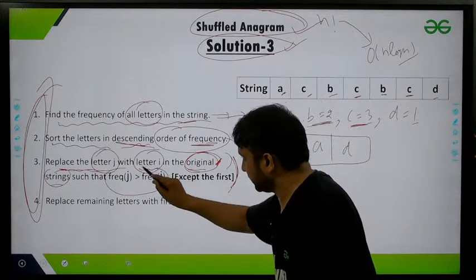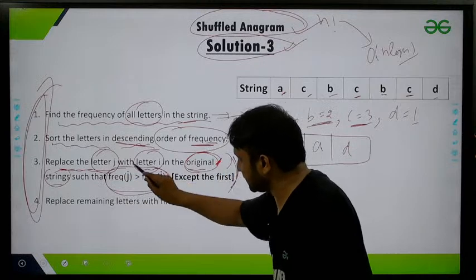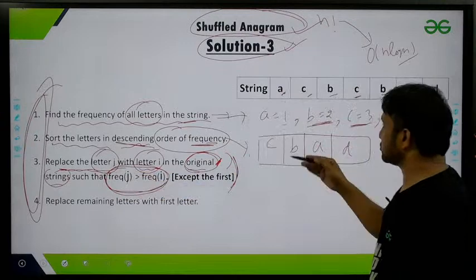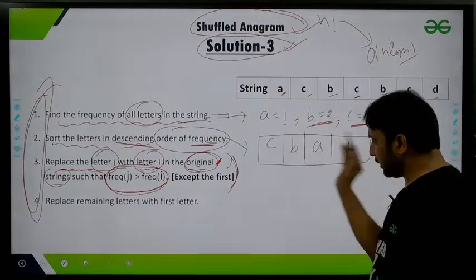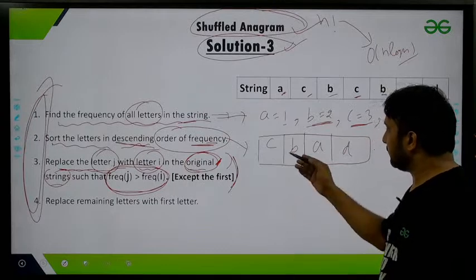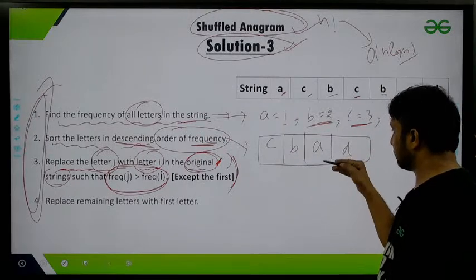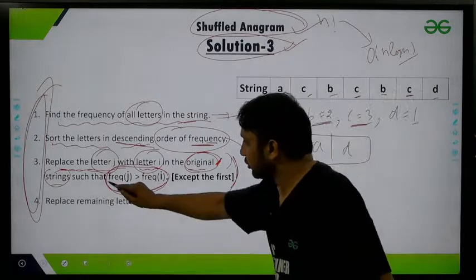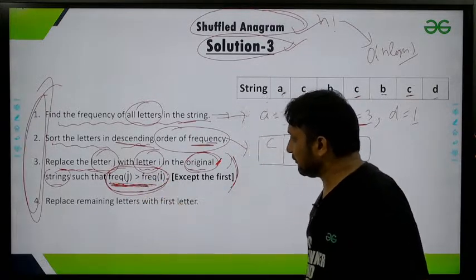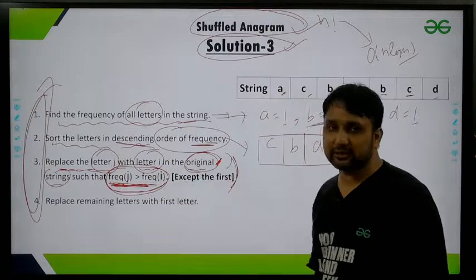This thing is important. I will use this condition. We know the frequency of every element, and we have sorted them according to their frequency. We know that C has the highest frequency, B is second most, A is third most, and after that D. Based upon the frequency, I can compare this condition. I will use this condition and apply the third step.